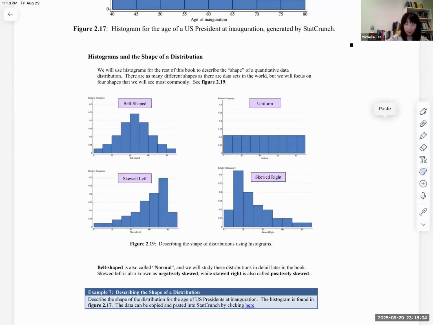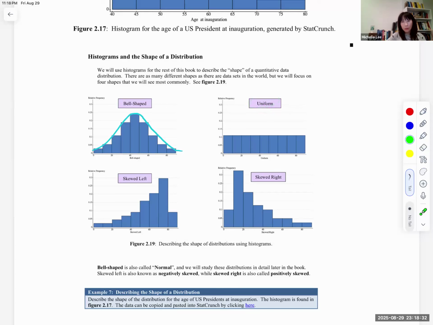Okay, now we have a histogram and shape of the distribution. Let's take a look at this one. This histogram, they call the bell shape because it looks like a bell. Now we have a uniform.